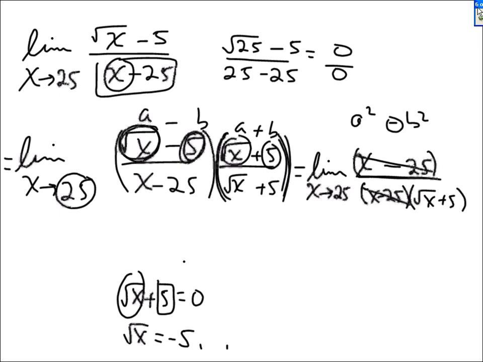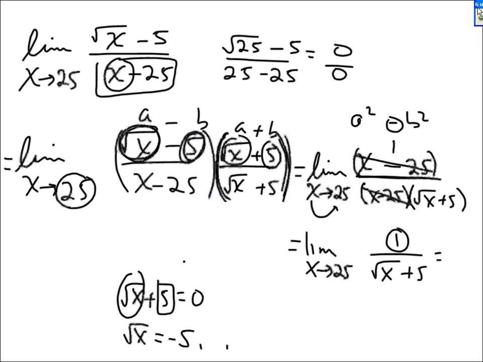Now I see that this is 1. Remember, it's only 1 when x is not 25. So x of 25 is 0 over 0. But it's not 0 over 0, because x is approaching 25. It's not 25. So it's just 1. So you get the limit as x goes to 25 of 1 over the square root of x plus 5.